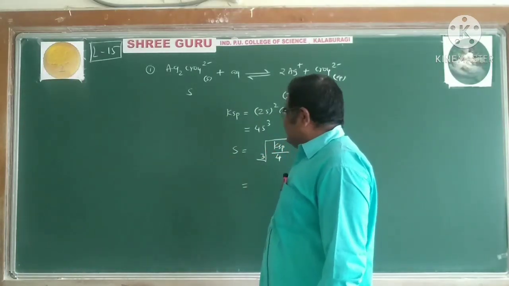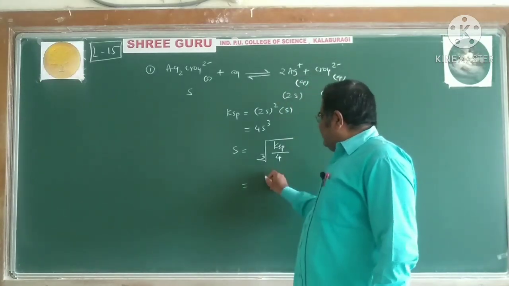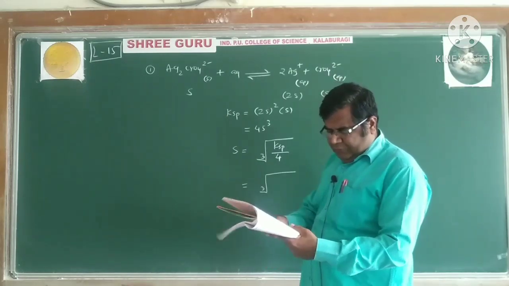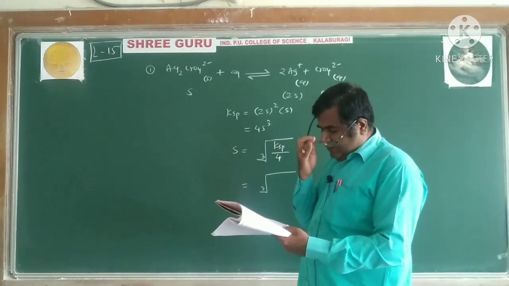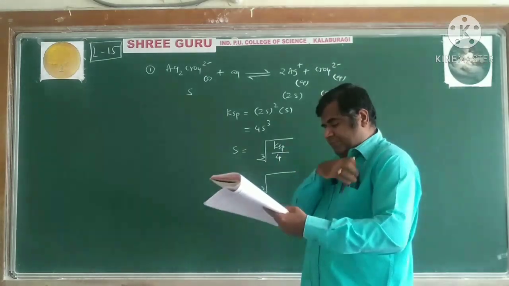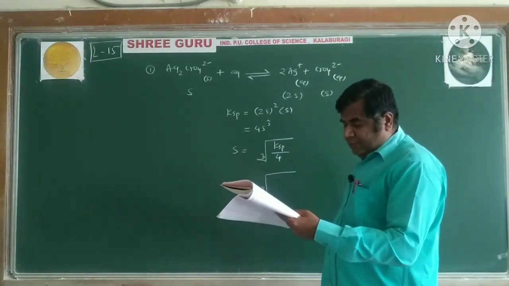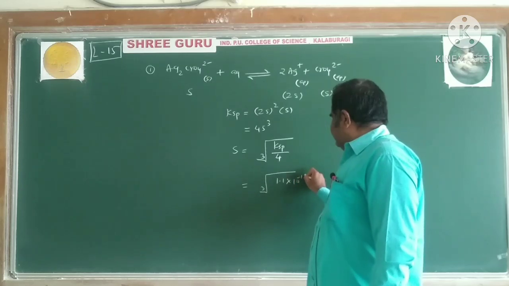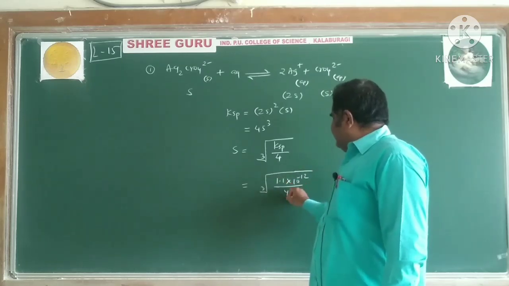The Ksp value for this silver chromate is given as 1.1 into 10 raised to minus 12, divided by 4.